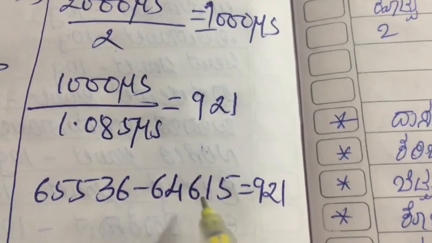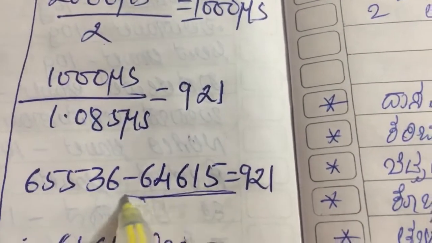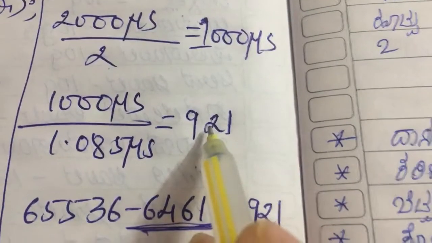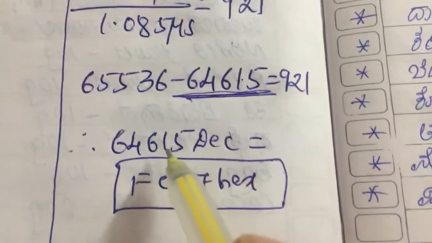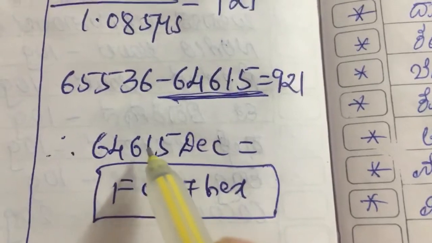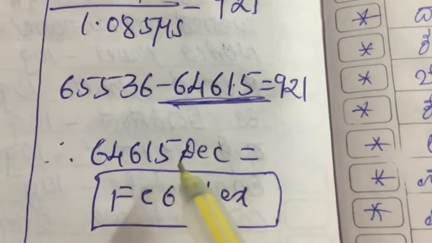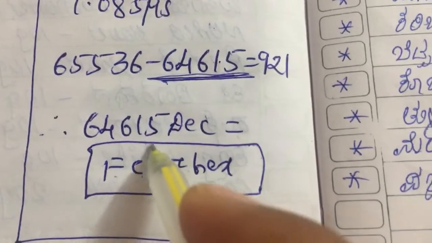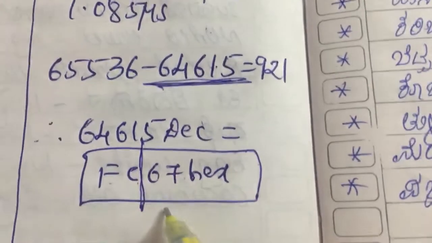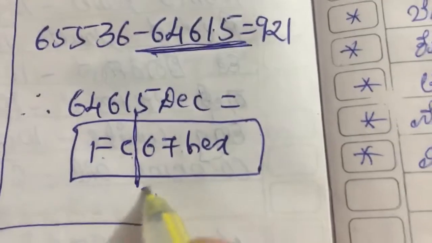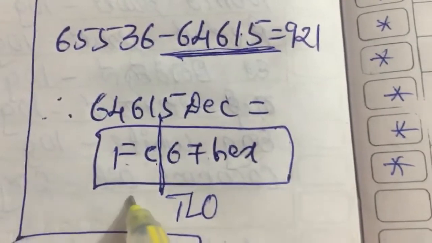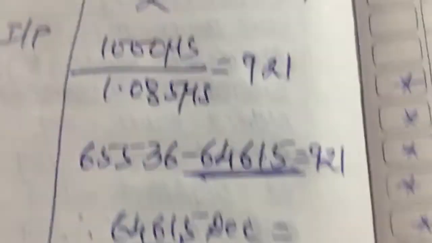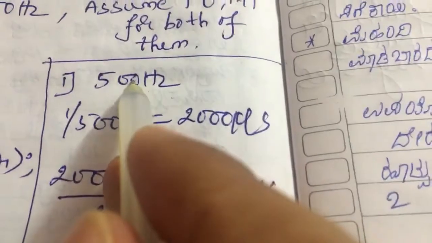The number of cycles we need to subtract to get 921 gives 64615 in decimal. Convert that into the hexa value: FC67. So 67 is TL0 and FC is TH0. These are the two values to get the frequency of 500 Hertz.